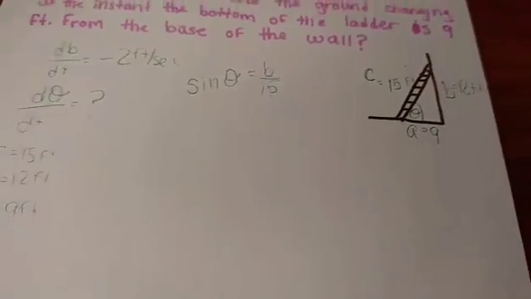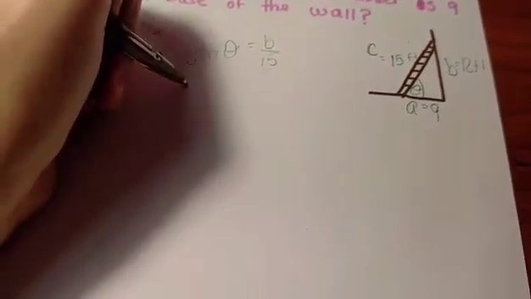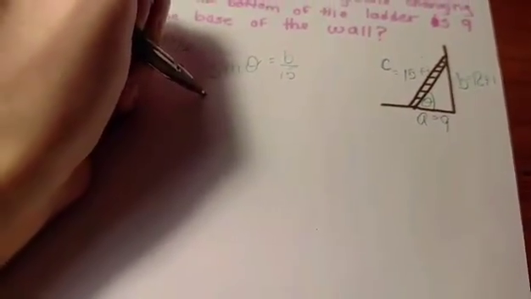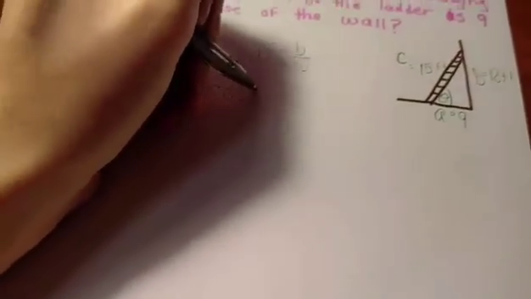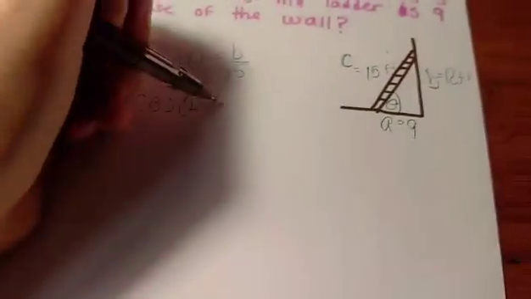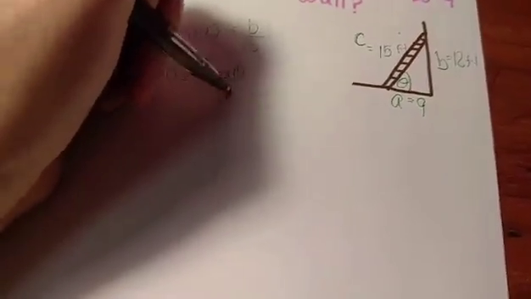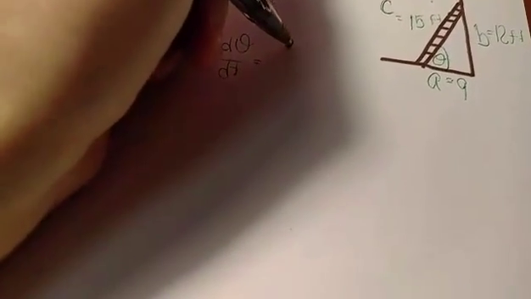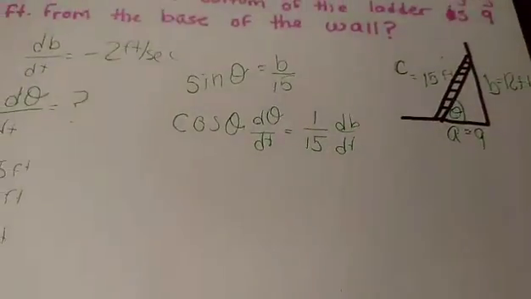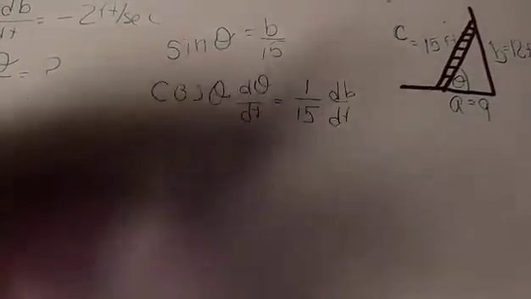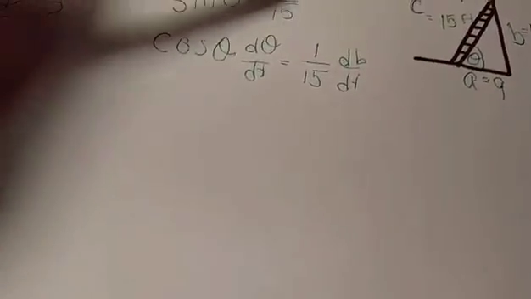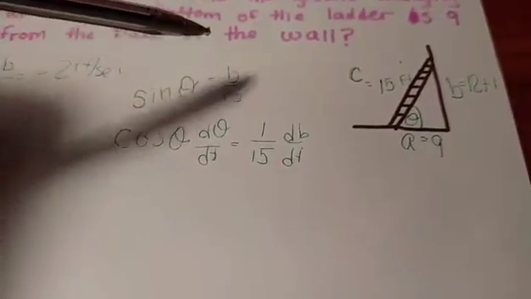So now we have to differentiate this like any of the other equations we've been doing. We should know that the derivative of sine theta is cosine theta, d theta dt, because we're differentiating, equals 1/15 dB dt, because basically you could have written this out as B times 1/15.